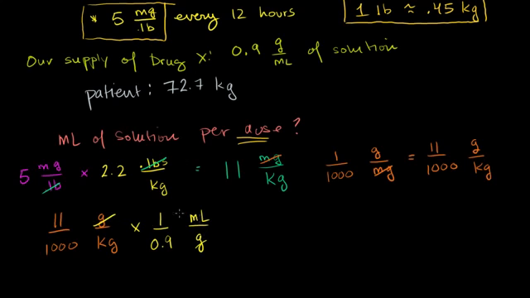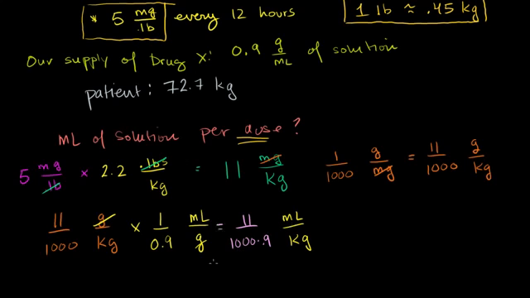We have milliliters per kilogram. And then we multiply it out. 11 over 1,000 times 1 over 0.9. So let me just write it like this. This is going to be 11 over 1,000 times 0.9 milliliters of our solution per kilogram.